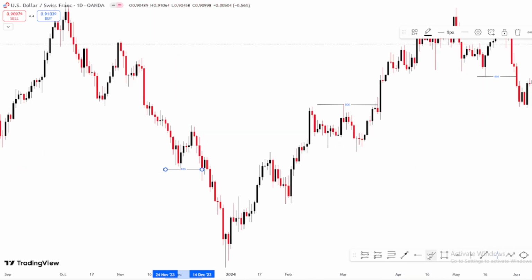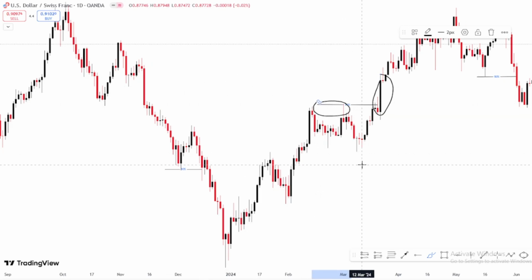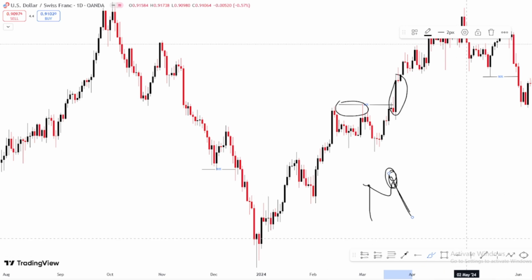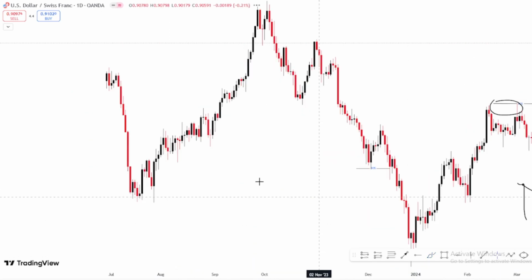If the whole body closes below the previous low, that is what you call a valid break of structure. You might find a case where this is the previous high, and price just pushes down, spikes a little, then pushes down again. That is not valid. I'm trying to find an example of that and show you.